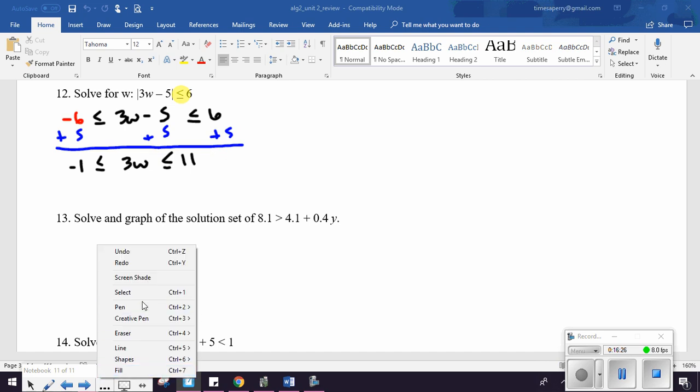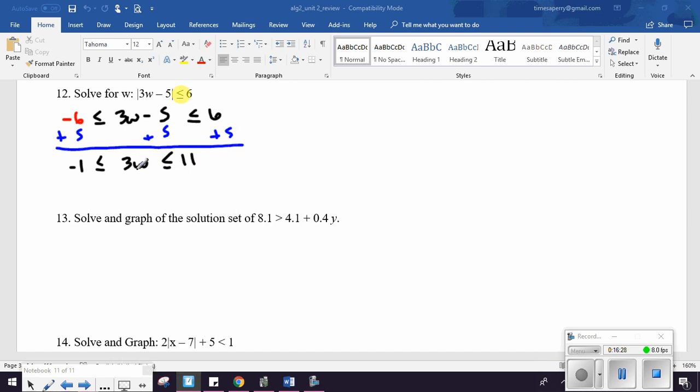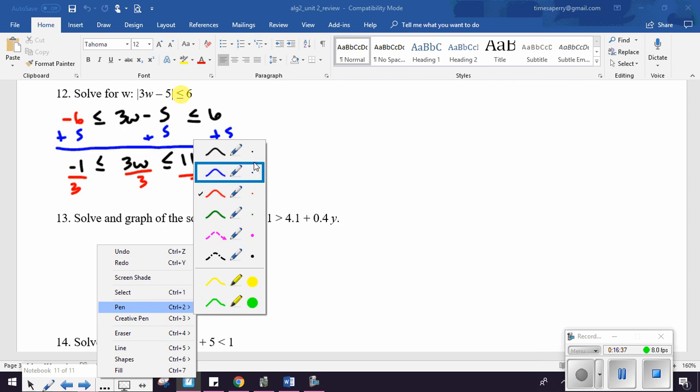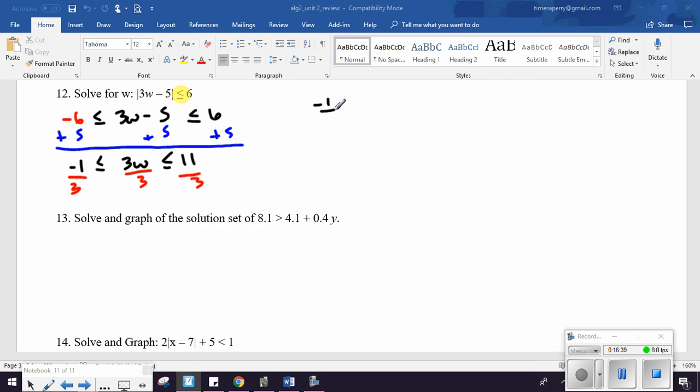Then divide all 3 sections by 3. So my solution set is -1/3 less than or equal to w less than or equal to 11/3.